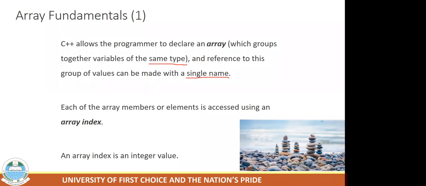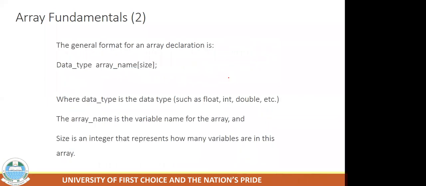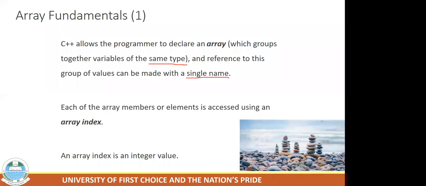So once more, an array can be termed as a group of variables of the same data type, referenced with a single name. Each array member is accessed using an array index position.